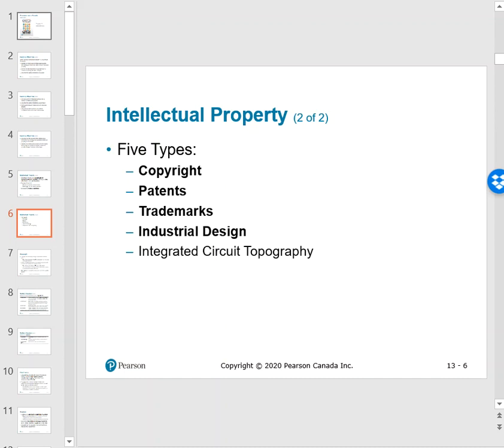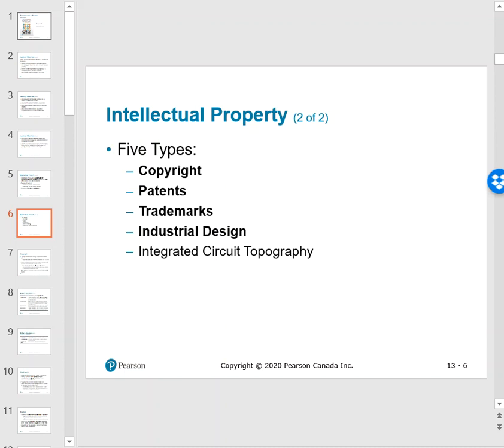But if you draft a book, if you take a picture, if you shoot a movie, protection will be under copyright, for example. If you have a logo, if you have a name, McDonald's, Tim Hortons, you will have trademark protection. So again, we'll go into details, but that's very important.